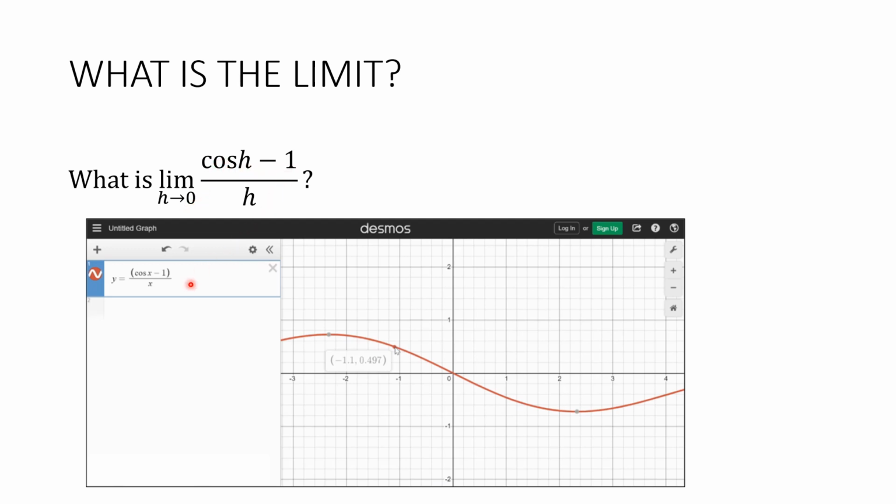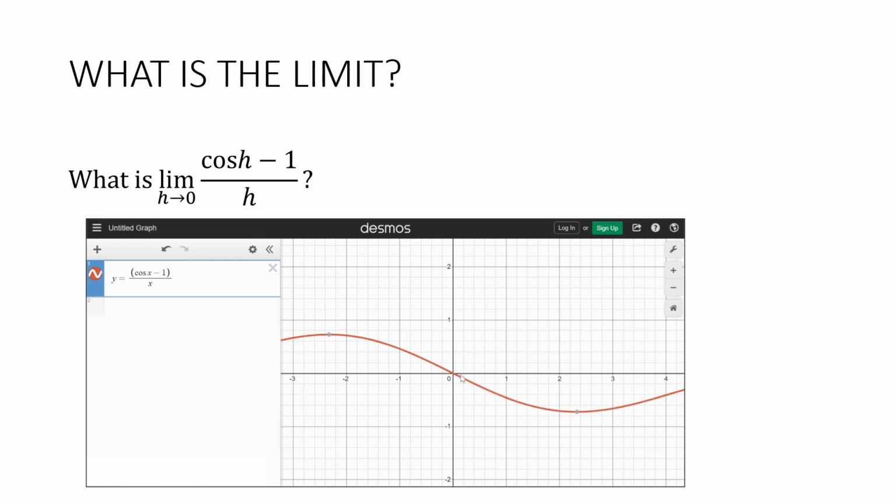So here on Desmos, I've plotted it. And we're going to have a look what happens as this point gets closer and closer and closer to 0. See whether we can figure out what the limit is. Of course, if we substitute the 0, we're going to get a number divided by 0, so it's not going to be defined at that point. But what is it approaching? So let's have a look. You can see that point changing as I'm getting closer and closer on either side, and then right in the middle there, it's undefined.